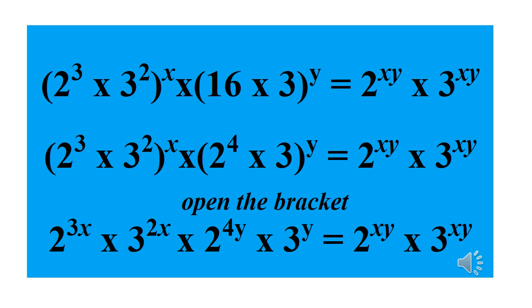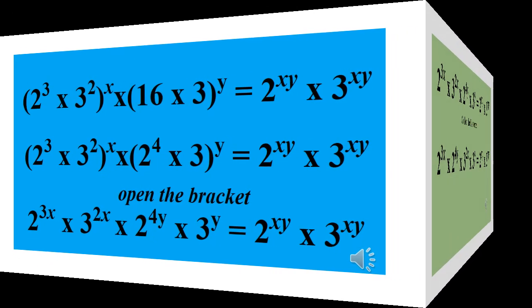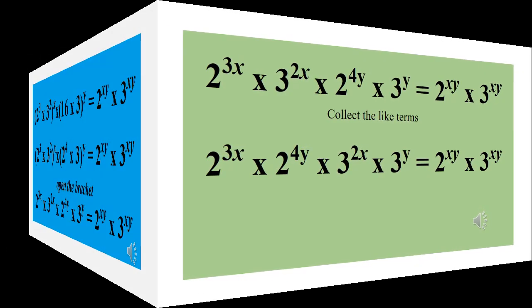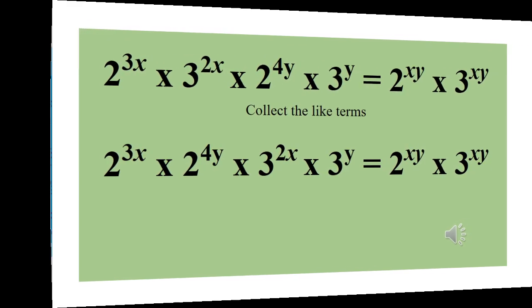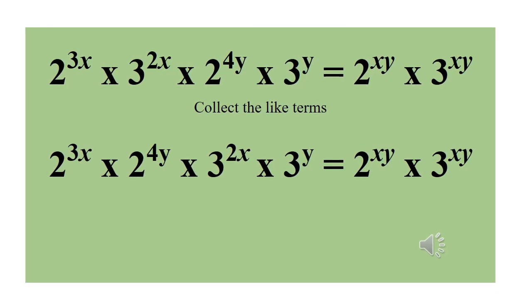Then if we open the bracket or expand, we have 2 raised to power 3x times 3 raised to power 2x times 2 raised to power 4y times 3 raised to power y equals 2 raised to power xy times 3 raised to power xy.